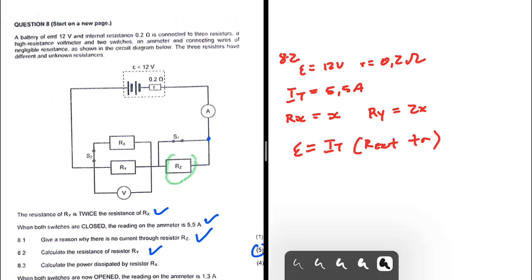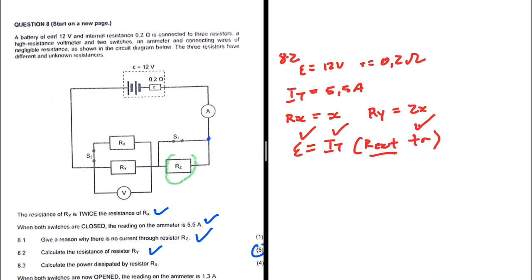So we have the EMF, we have the total current, and we have the internal resistance. How about R external? R external is Rx and Ry, which are in parallel to each other. So Rp is equal to R1 multiplied by R2 divided by R1 plus R2.